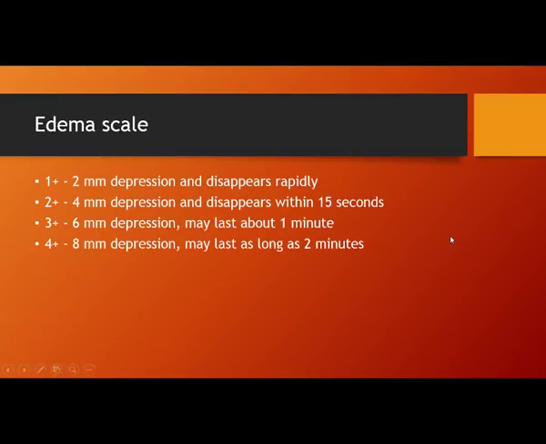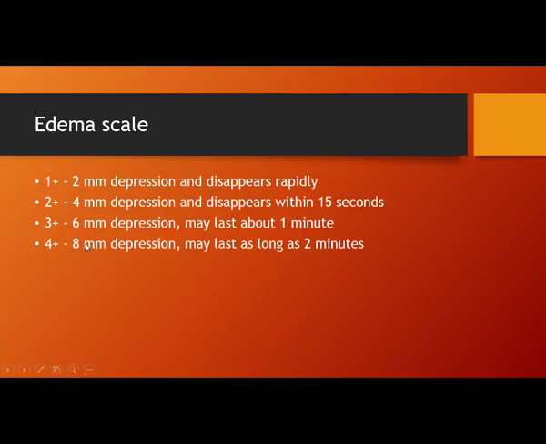Then, of course, the edema scale. This is not found in the textbook, but I'm giving it to you here. So just think the grades of edema are going to be, if you double that, that's how many millimeters of depression you'll see. Pitting means that the edema stays, the depression stays.